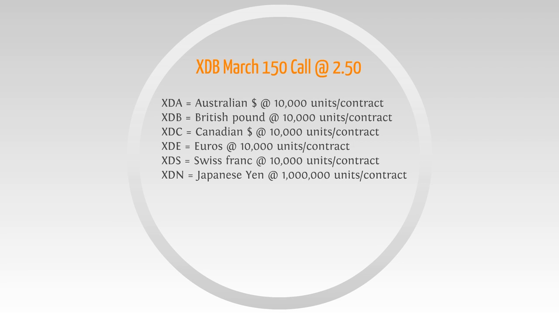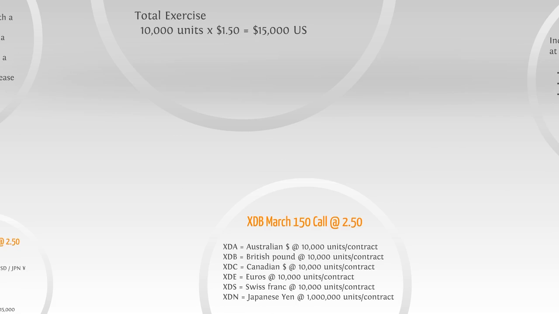And you'll see the exception here is the Japanese yen at 1 million units per contract, because of the way the yen is priced, typically around 100 yen per dollar. So it gets a million units per contract. And we'll take a look at what that code is at the top, the XDB, in this case the British pound, in the next example here.